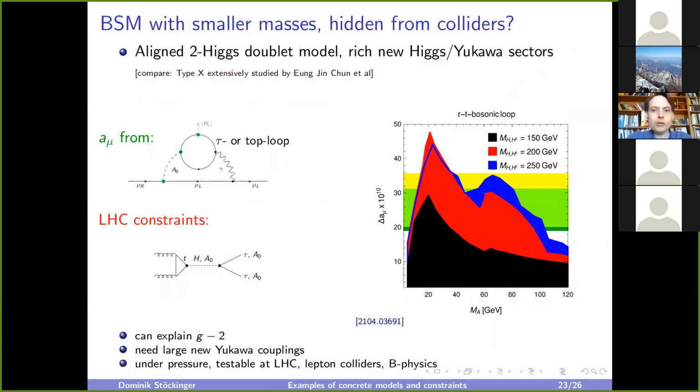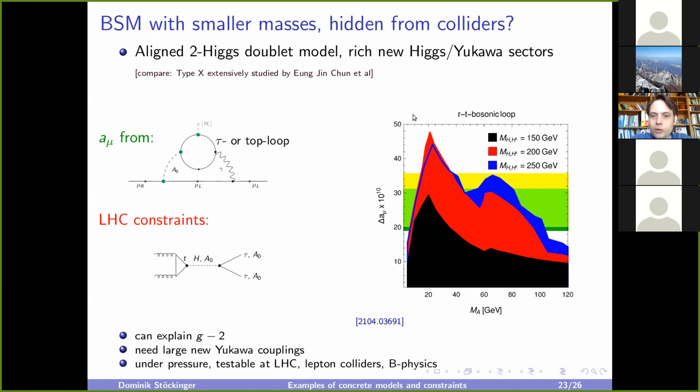Let me also comment on the 2 Higgs doublet model, which is of course extremely well studied by Jin here at KIAS. And in particular, he pointed out a long time ago that the type X version of the 2 Higgs doublet model is a prime candidate for a G-2 explanation.